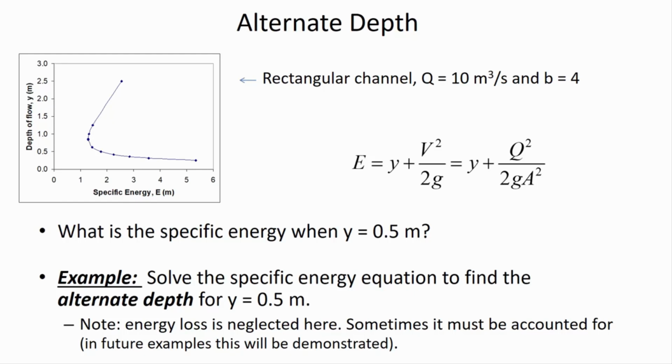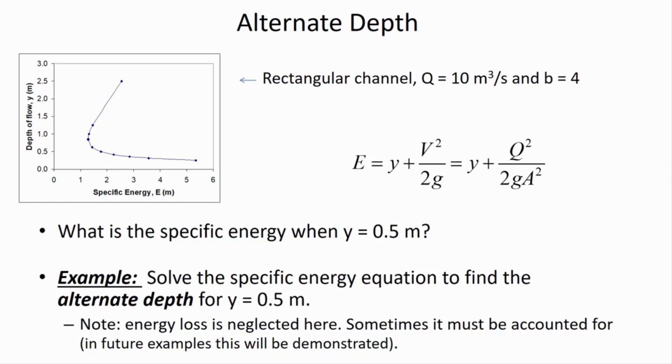If we have a depth of, so y is 0.5 meters, then we know specific energy E is the depth plus q squared divided by 2ga squared. And we're going to consider this case of q is 10 cubic meters per second.